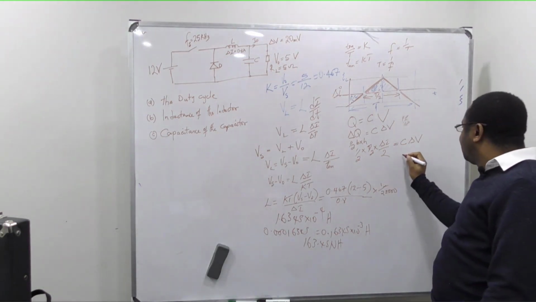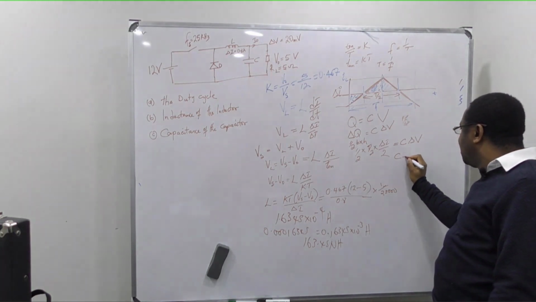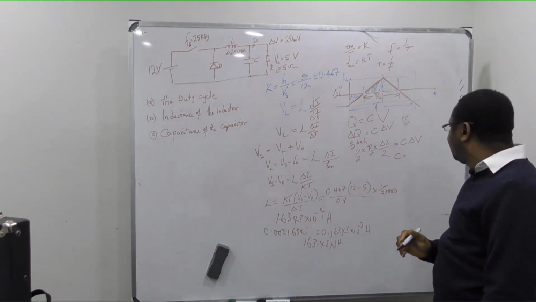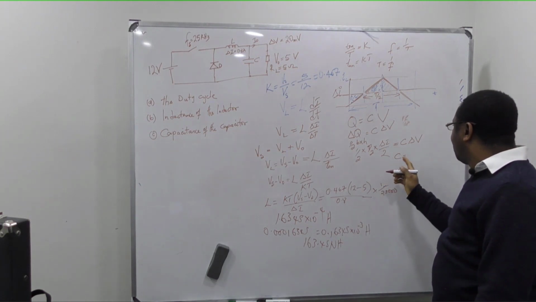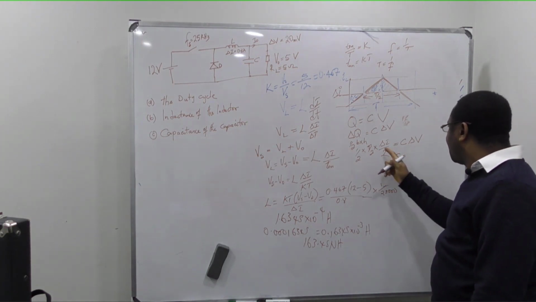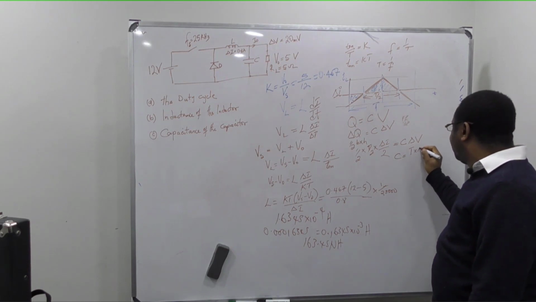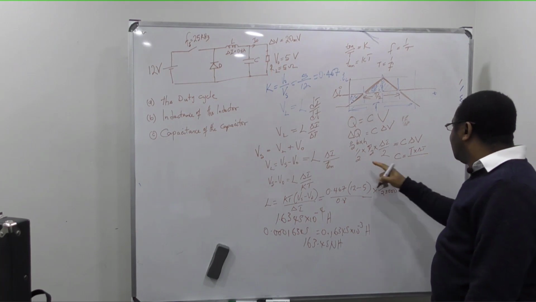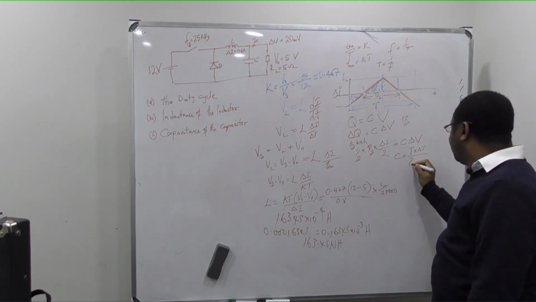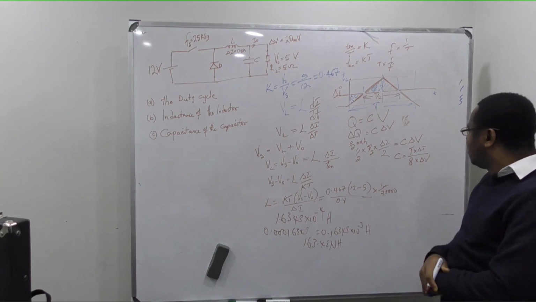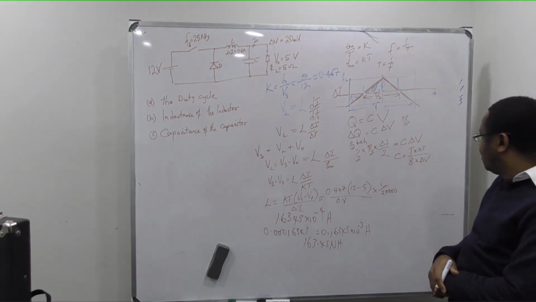Which means that the capacitor C can be written as, just make C the subject of the formula. All right, let's see what we have here. So it will be T by delta I divided by this times this times this, that is 8 times delta V. It's okay, right?